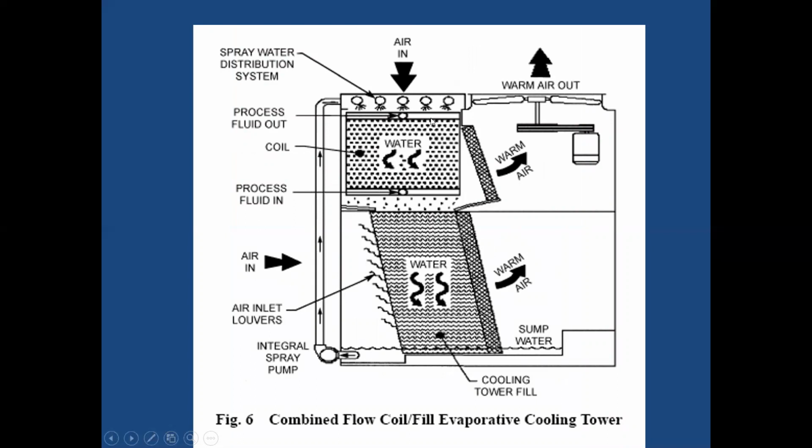Only the cross-sectional area we are observing, and it is taken from the top. The water is sprinkled over these pipelines. So these are the pipes, through which generally the process fluid flows. This is the cross-sectional view, and the water is sprinkled over this pipeline, so it takes up heat from this process fluid.